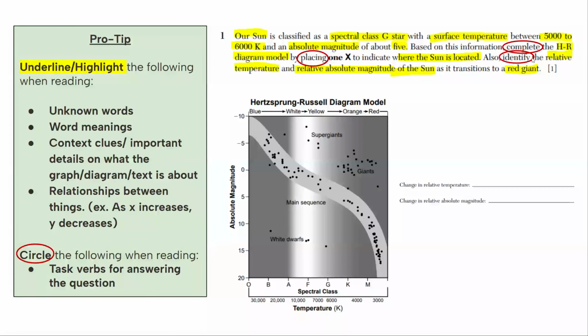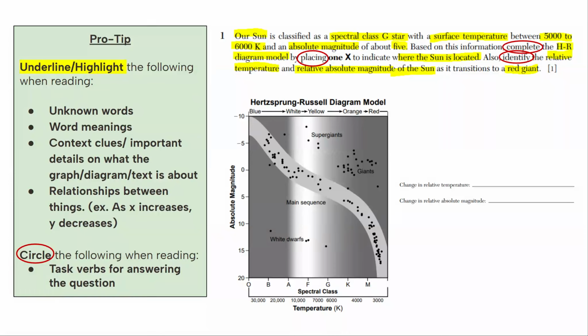Based on the information, complete the HR diagram model by placing one X to indicate where the sun is located. I'm circling any task verbs, any verbs that they're giving me to do something, so I know exactly what I need to do to answer the question. So I need to complete the HR diagram, which I know is about stars, by placing an X. So I need to put an X somewhere to indicate where the sun is located.